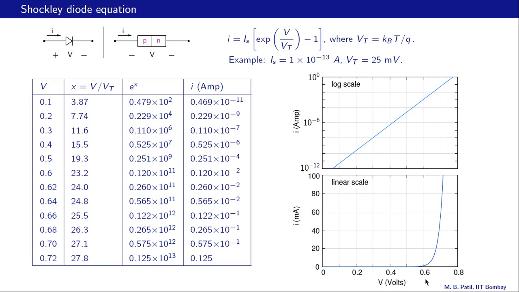It enters the milliampere range, and by the time we reach 0.7, it has already crossed 50 milliamps. So beyond this point, the current rises very rapidly, and therefore we say that the turn-on voltage for this diode is something like 0.7 volts. This of course is an approximation, but it is good enough for many applications.